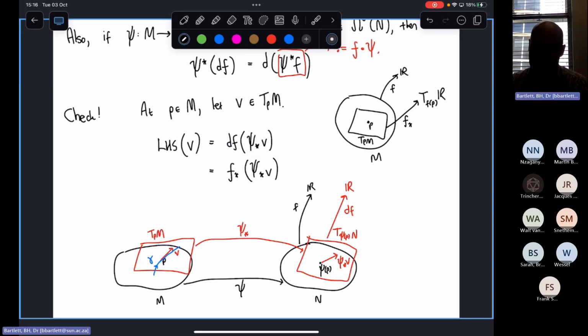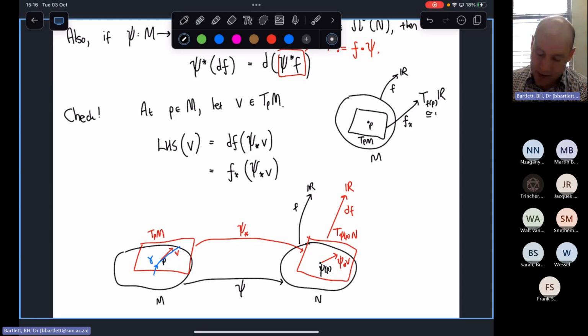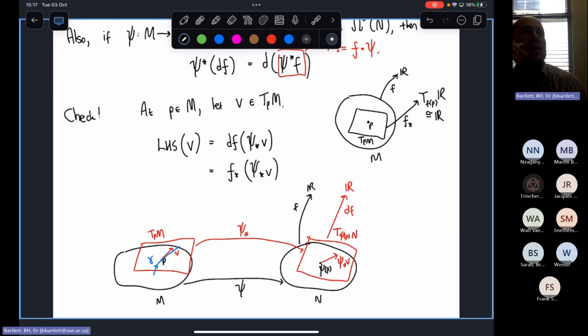And now remember that this canonically identifies with R because the tangent spaces of Euclidean spaces canonically identify with the underlying Euclidean space. So in the end, the push forward of f is just a map from the tangent space to R.